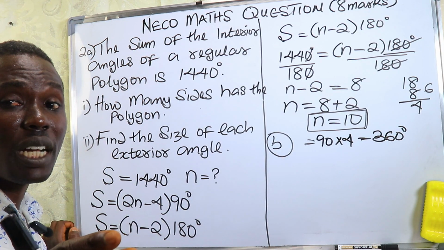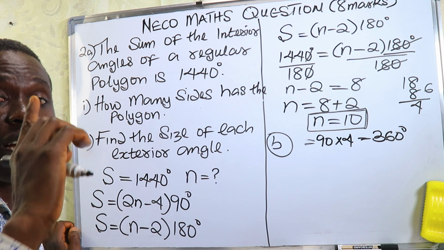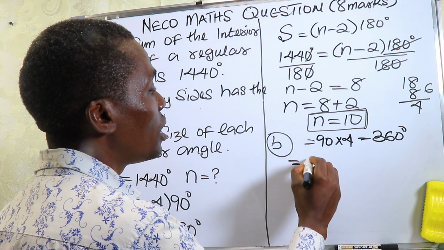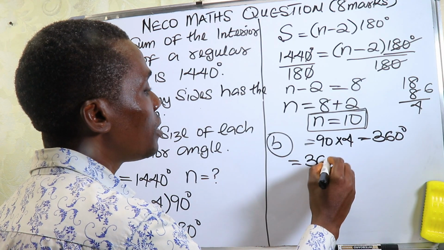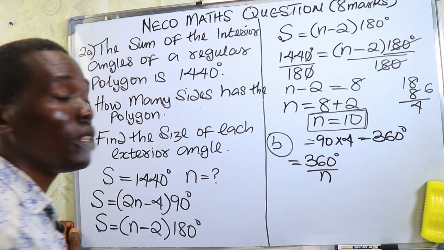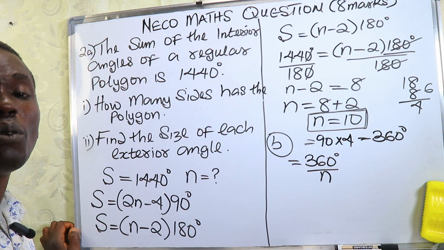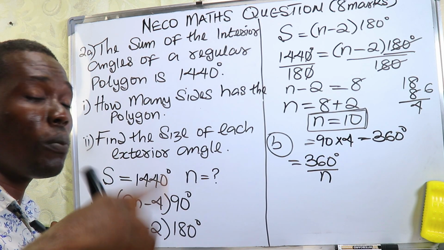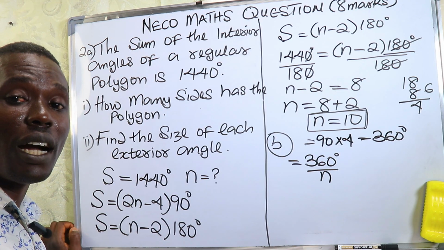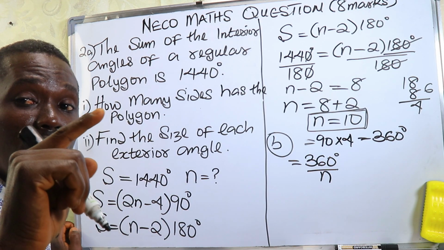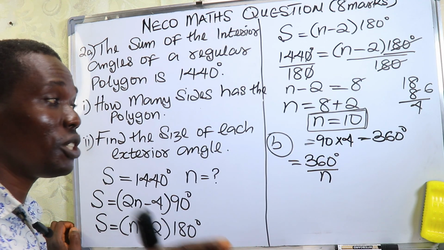So if we have 360 degrees and we are asked to find one exterior angle, that will be 360 degrees divided by the number of sides. Remember that we already know the number of sides the regular polygon has, but we don't know the angle of each of the exterior sides.